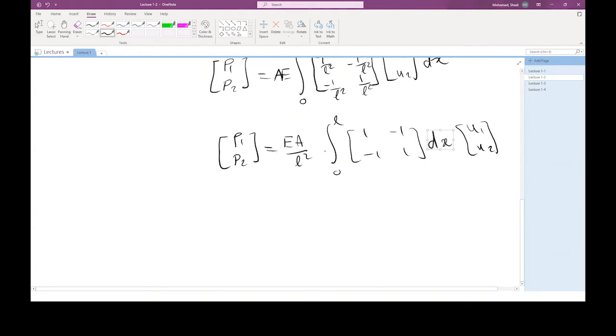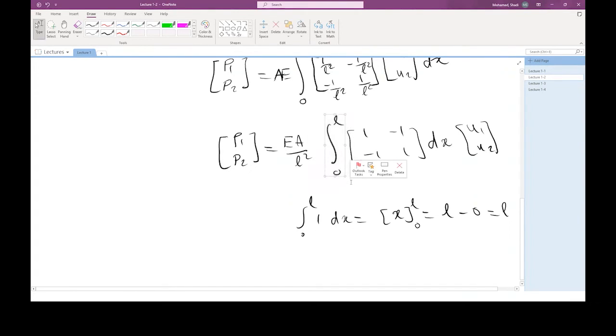So it's basically integrating 1 between 0 and L, minus 1 between 0 and L, minus 1 between 0 and L, 1 between 0 and L. And the integral of 0 to L for 1 dx is going to be x between 0 and L, which is L minus 0, and is equal to L. So basically, you can replace these constants here with ones.